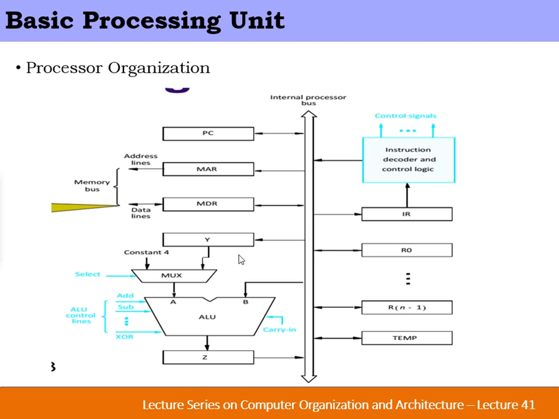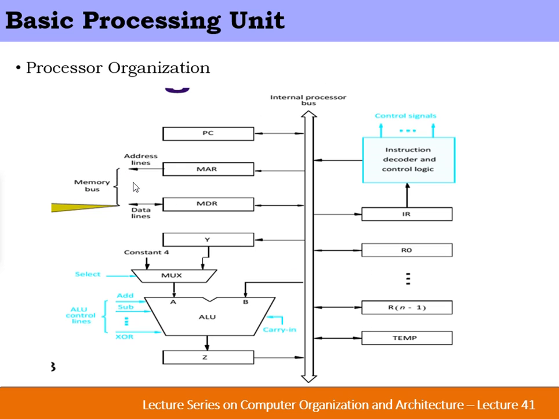Along with that we have important transparent registers called Y, Z and Temp. One more component is the multiplexer. And we have address and data lines as well as control signals, including control signals for the ALU.